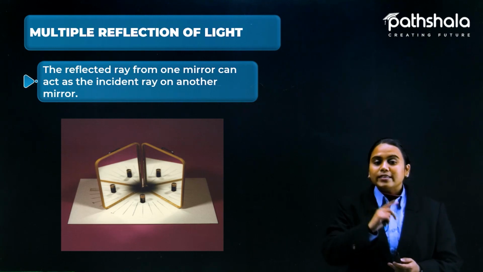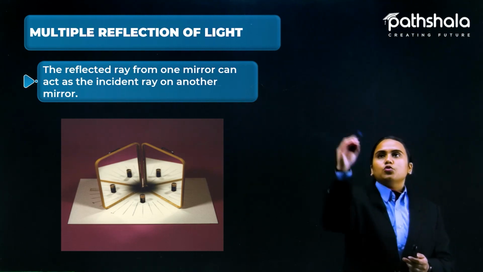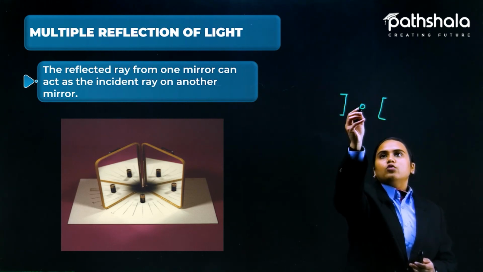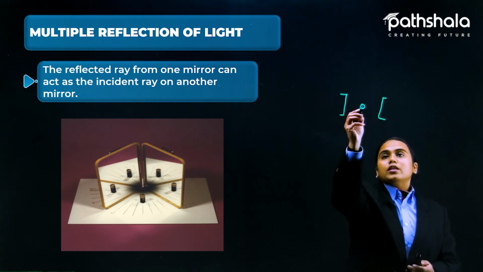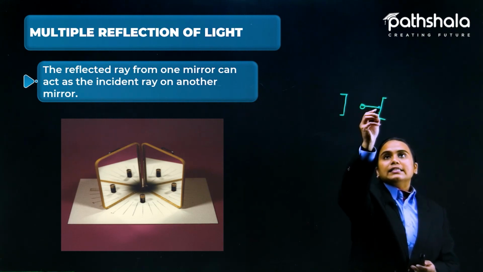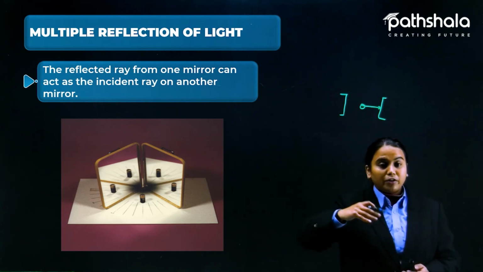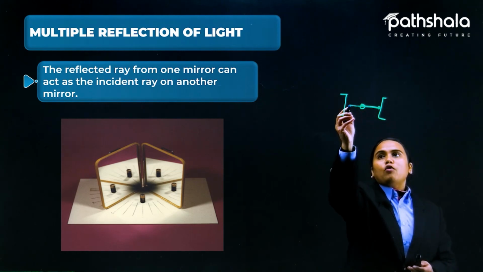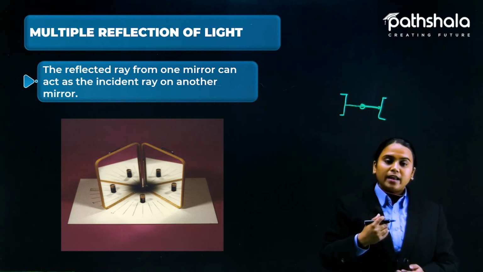Yes, so this is part of the multiple reflection, because let's suppose, students, here is a mirror and here is a mirror, and the object is standing in between the 2 mirrors. Now the light that is incident on it gets reflected again, because it is a mirror, it will reflect the light. Now the reflected light would fall on the other mirror and may behave as an incident light again.